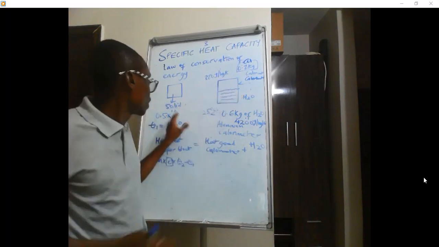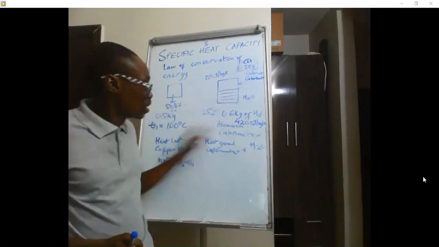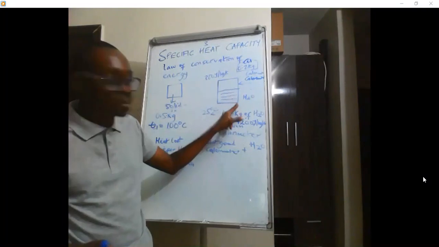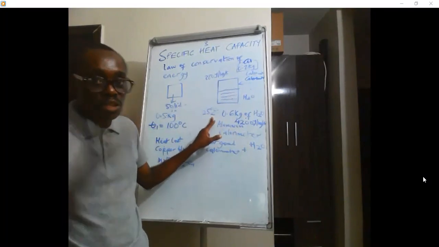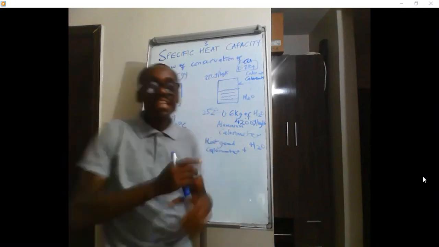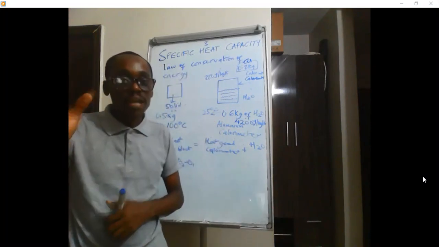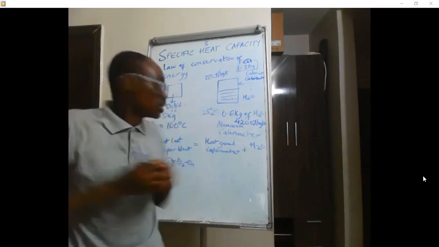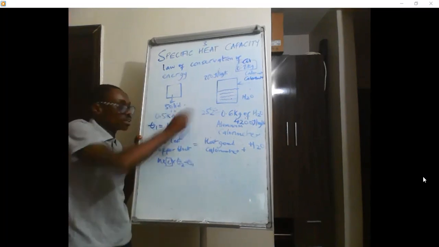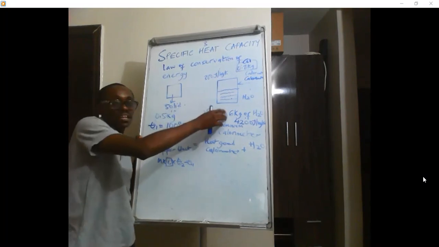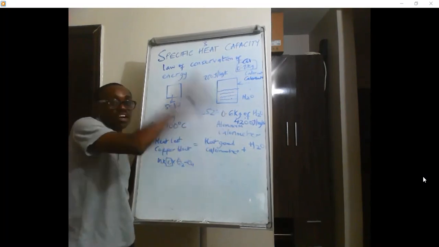So its temperature is going to decrease from 100. While the temperature of the calorimeter and water inside will increase from 25, it will start rising. Then it will get to a particular value, and there will be no increase anymore.